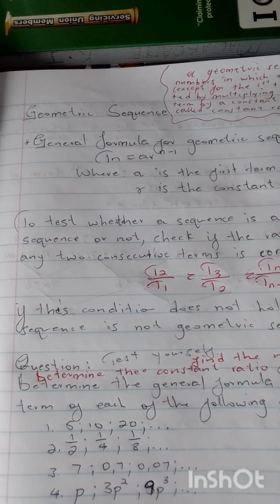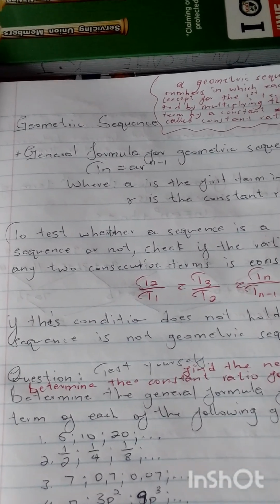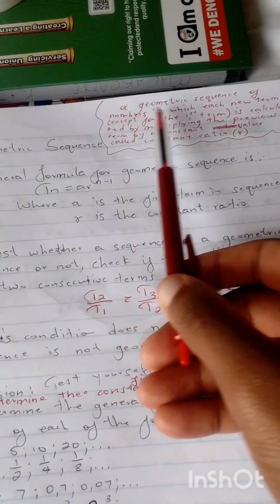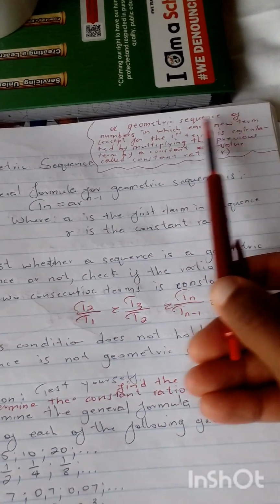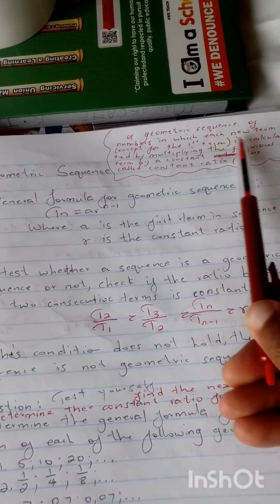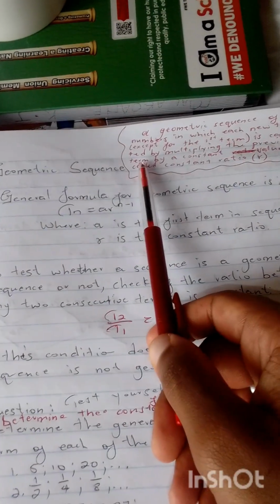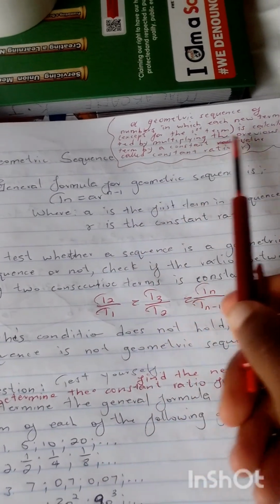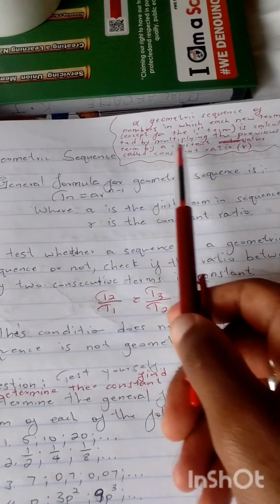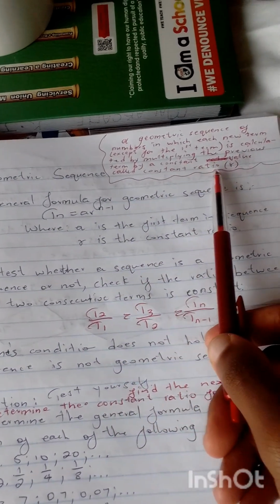Right, ladies and gentlemen, under geometric sequence, we need to remember that a geometric sequence is a sequence of numbers in which each new term, except for the first term, is calculated by multiplying the previous term by a value called the constant ratio.